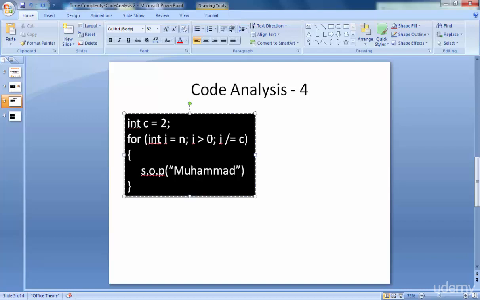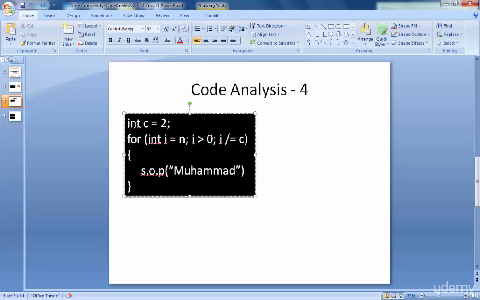Here you can see the operator is also changed. Its starting value is n. The value of I will start from n, go till 0, and at every step we are dividing the value by 2, right?